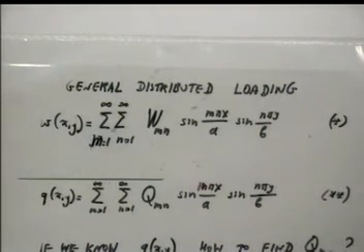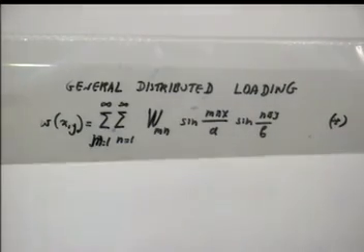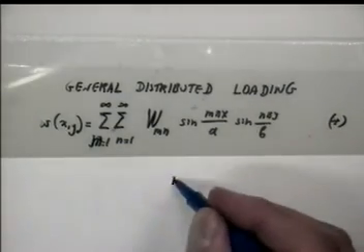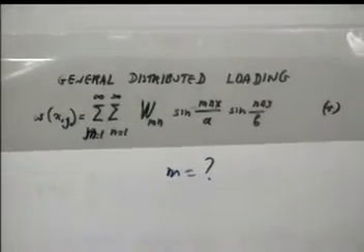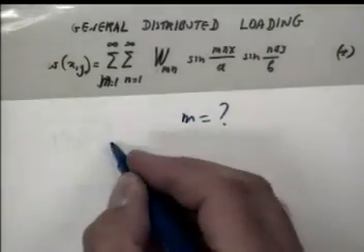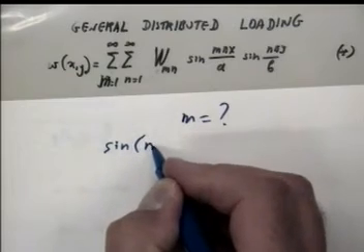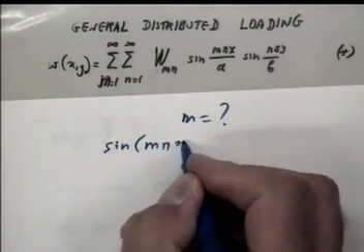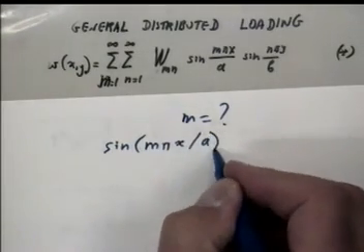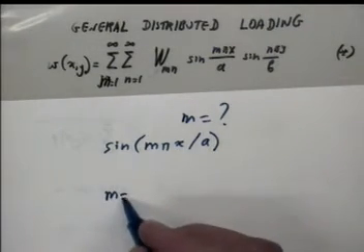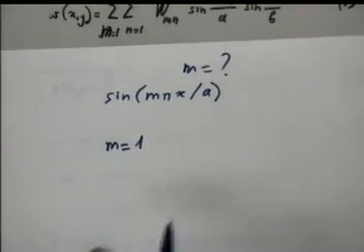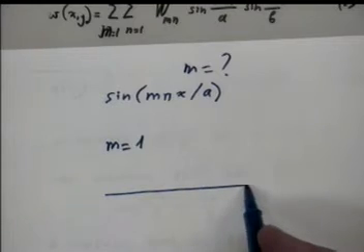Now what is m? Let us look at what m is. What is m in sine m pi x over a? If m equals 1, then it is pi x over a.